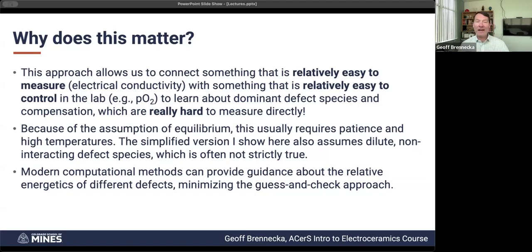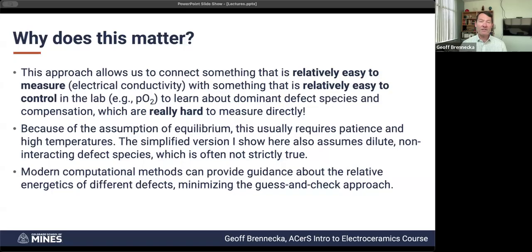And so maybe we don't care about the electrical conductivity at all, but we do care about the oxygen vacancy concentration, because oxygen vacancy concentration is going to be directly related to oxygen diffusion and the kinetics of diffusion within the sample. And the kinetics of diffusion are going to be really important for the sintering process.